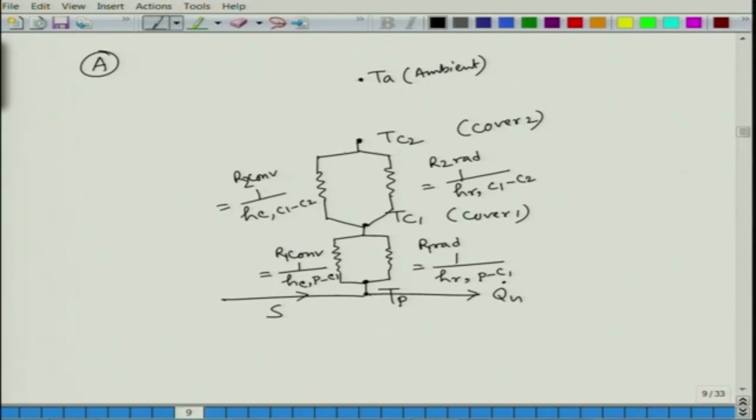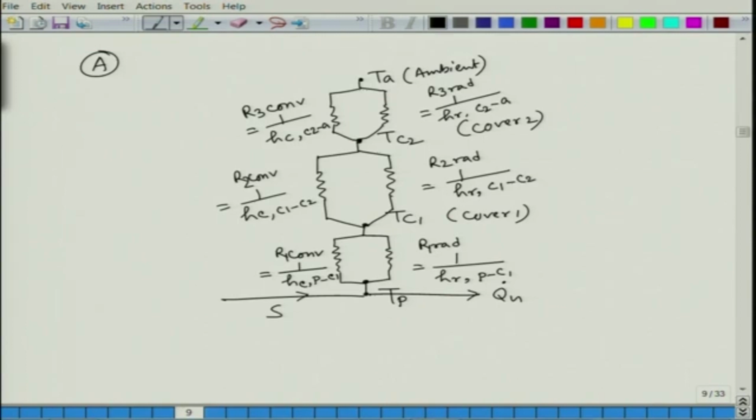And similarly, here also we will have two resistances acting in parallel: R3 convection, which is 1 over Hc, C2 to ambient, and R3 radiation, which is equal to 1 over Hr, C2 to ambient.